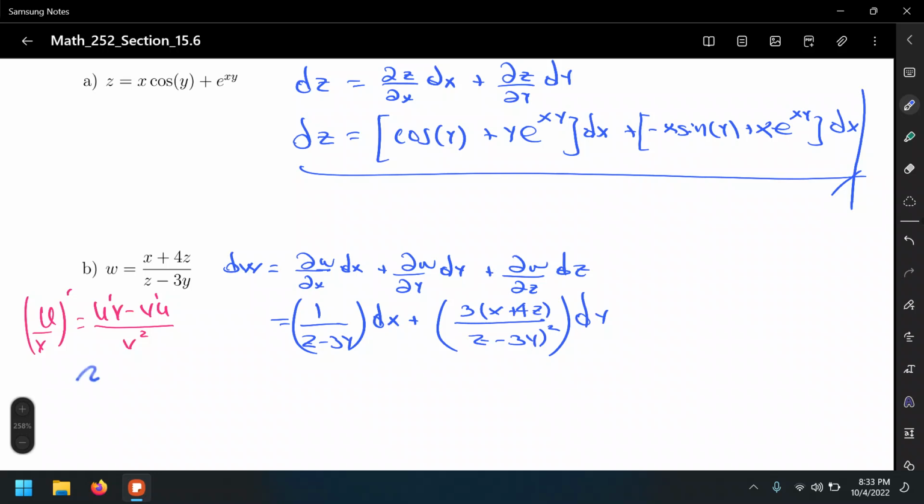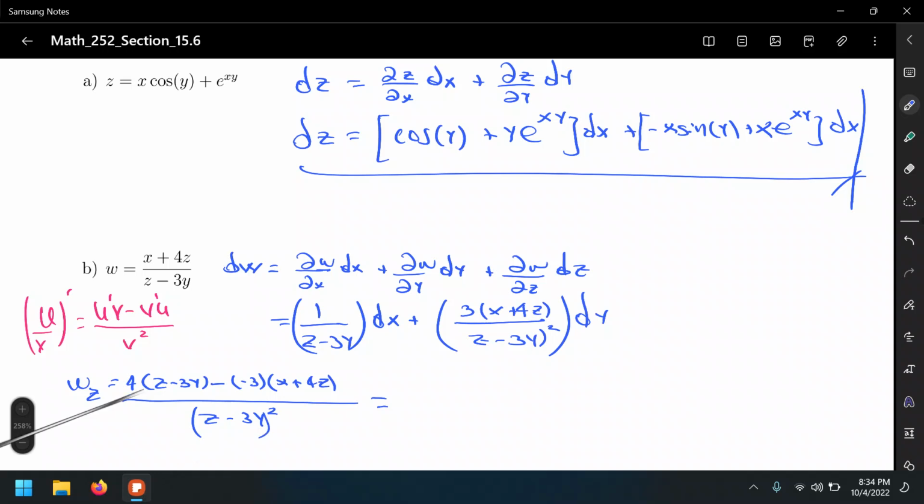That's going to be the derivative of the numerator with respect to z, which is just 4, times the denominator, z minus 3y, minus the derivative of the denominator, that's negative 3, times the numerator without differentiating, x plus 4z, and the whole thing divided by z minus 3y squared.